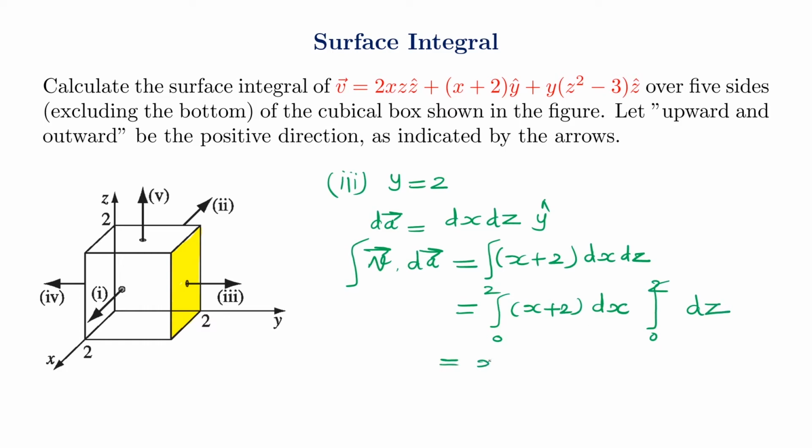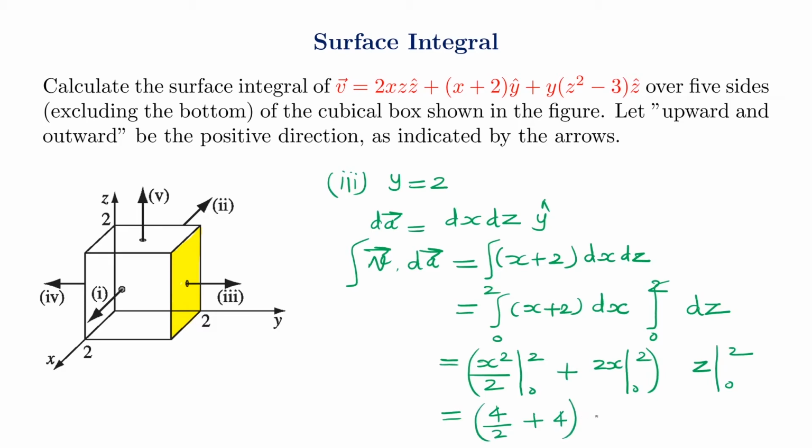This is equal to [x square divided by 2 from 0 to 2 plus 2x from 0 to 2] times z from 0 to 2. This is equal to 4 by 2 plus 4 times 2, that is equal to 12.